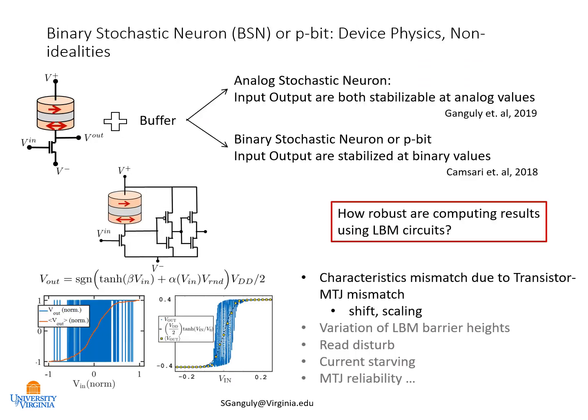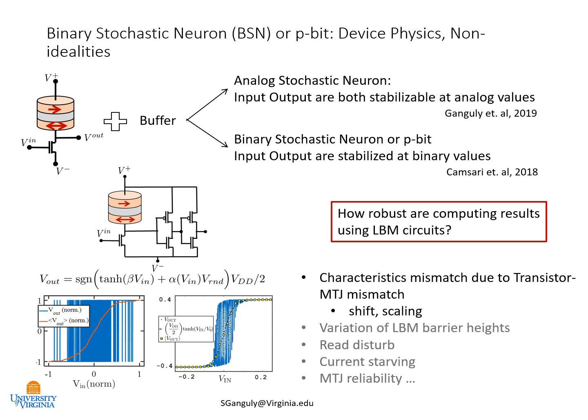One of the ways of using it is to make a stochastic neuron out of it, which has certain characteristics, as we will talk about in a second, and also has a certain noise on top of it. If you build an analog stochastic neuron, both input and output can be stabilized at analog values, and if you have a binary stochastic neuron, they are stabilized at binary values.